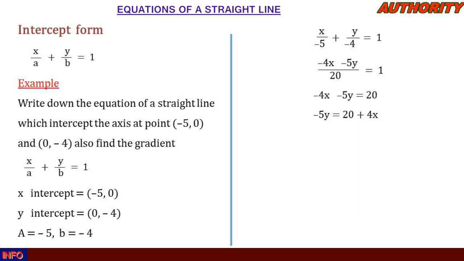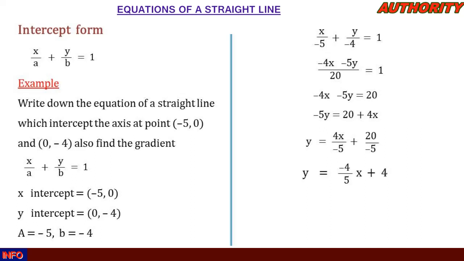So -5y divided by -5 is equal to 20 plus 4x divided by -5. Here we have y is equal to 4x divided by -5 plus 20 divided by -5. So y is equal to -4 all over 5 x plus 20 divided by -5, which is -4.